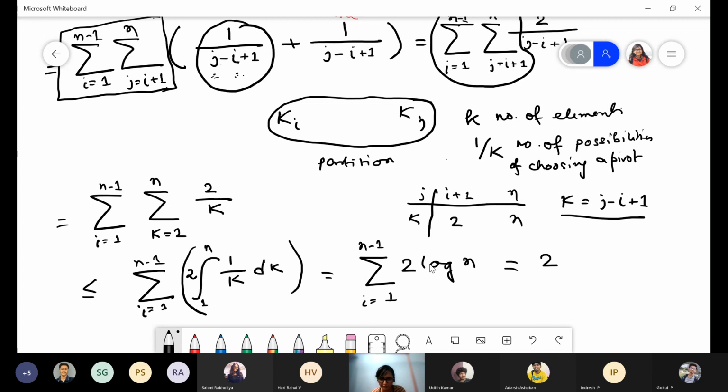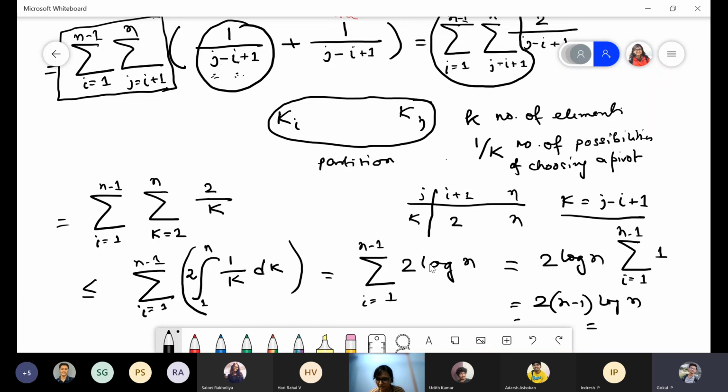There is no i inside it, so 2 log n will come outside, and this is going to be the sum of 1 for i equals 1 to n minus 1. So we are adding 1 for n minus 1 terms, so it is n minus 1, right? n minus 1 into log n.